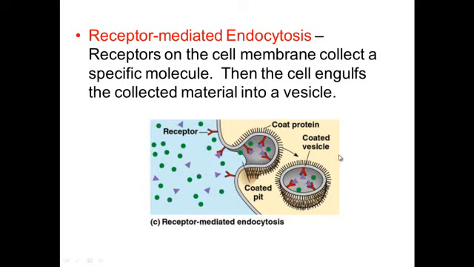It recycles the neurotransmitters so that the cell can reuse them over and over again. It doesn't have to create new ones to activate the next neuron. That's kind of an important thing because it would be a lot of energy usage to create neurotransmitters continuously. So that's receptor-mediated endocytosis.